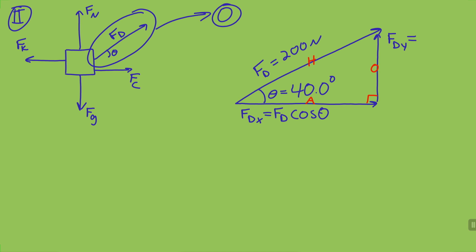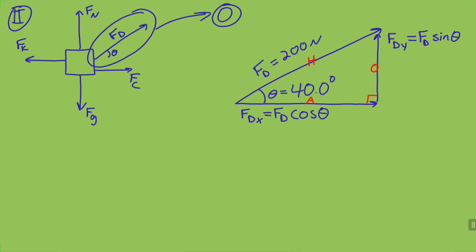Cosine is A over H. So that's going to end up being F sub d cosine theta. And F sub dy is going to end up being F sub d times some trig function. Which is the trig function that deals with the opposite? That's going to end up being sine. So sine of theta.